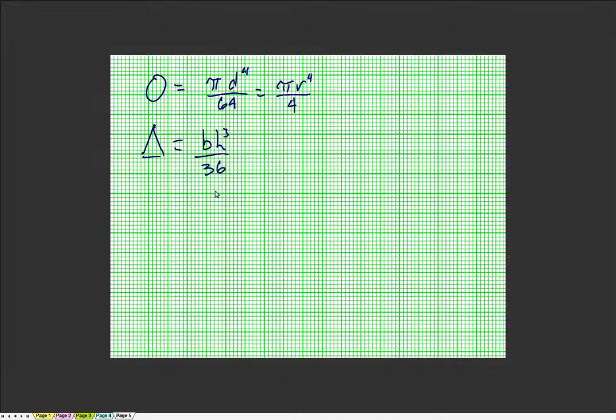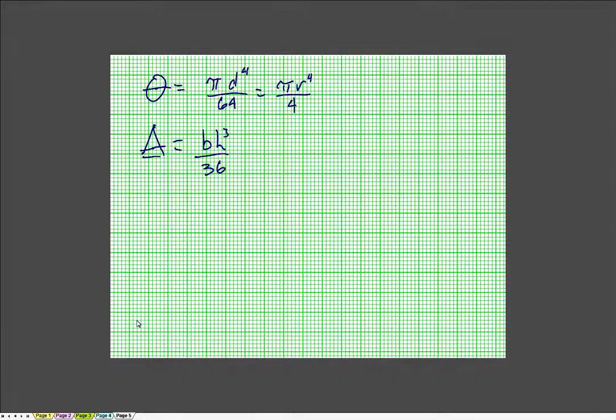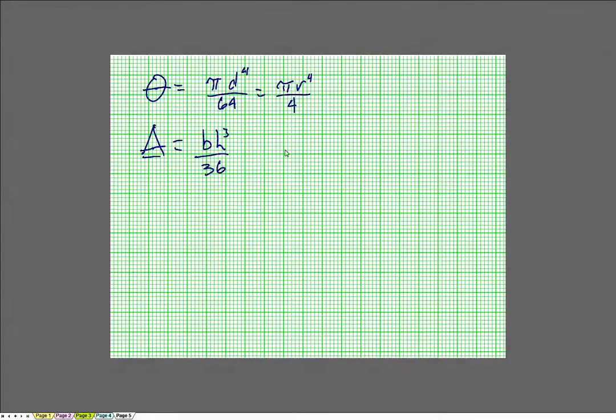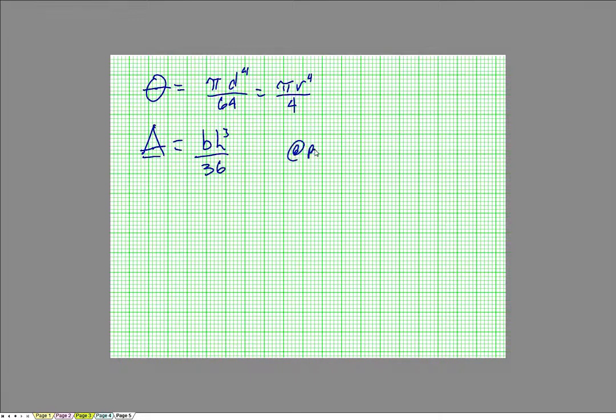Now, these are about the centroid, okay? These are about the centroid, and they're the ones that we'll use all the time. There is an equation in the back of the book that is about the base. For like a triangle, that would be BH cubed over 12.